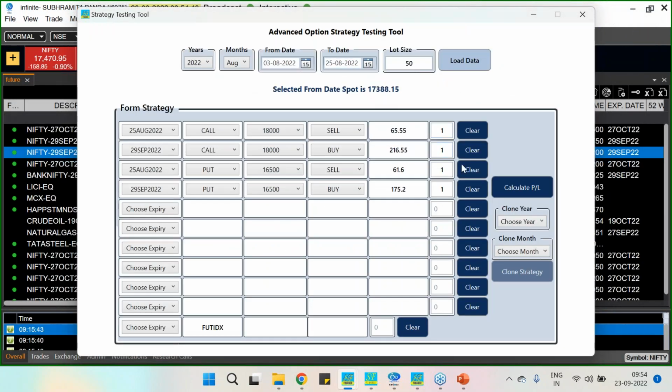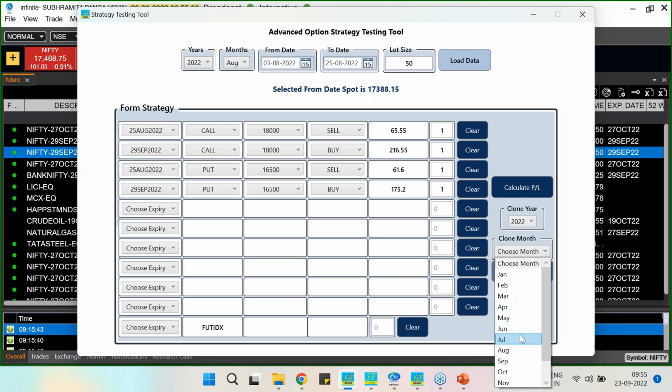So this happened. Suppose I want to test whether the same strategy, very carefully listen to this, has worked in the month of June or July. If I can test it over 2 to 3 months, I will be able to know that, yes, this kind of strategy works.